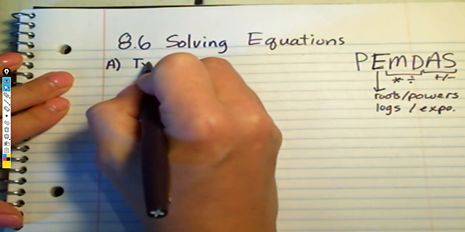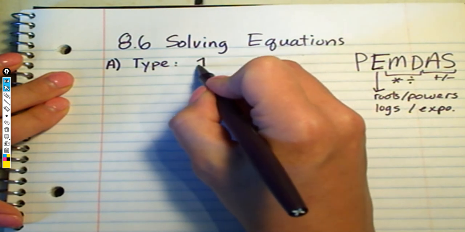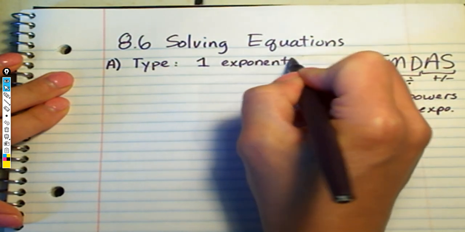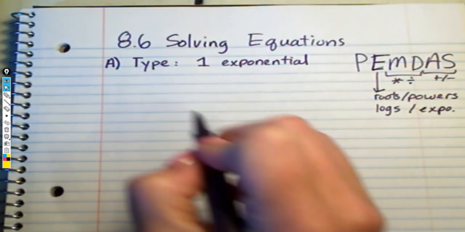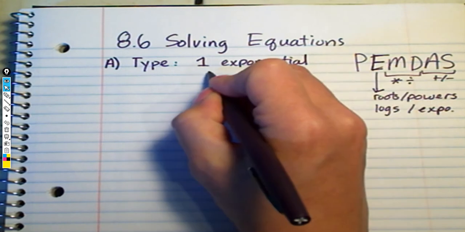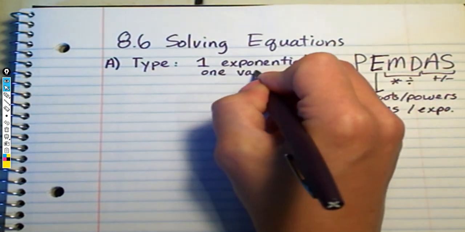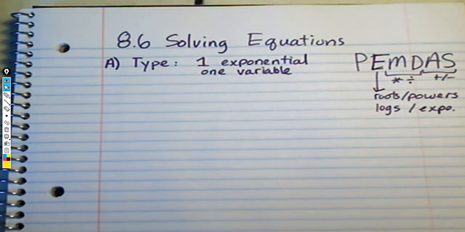Type 1. One exponential, one variable. That means we've only got a single x that we are trying to solve for.